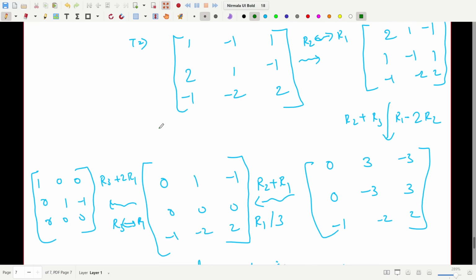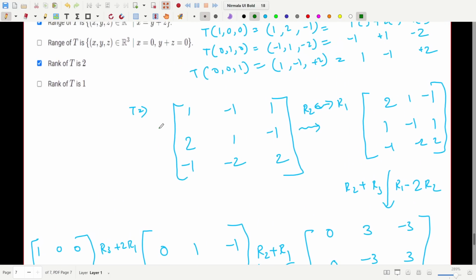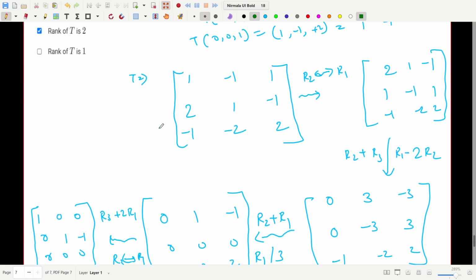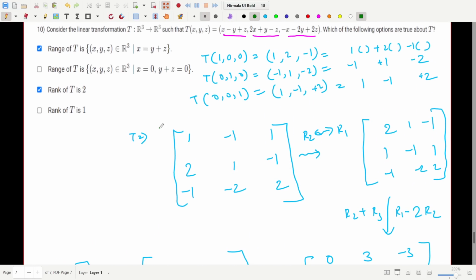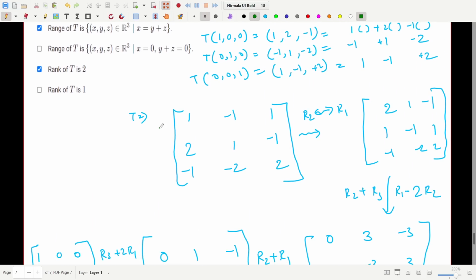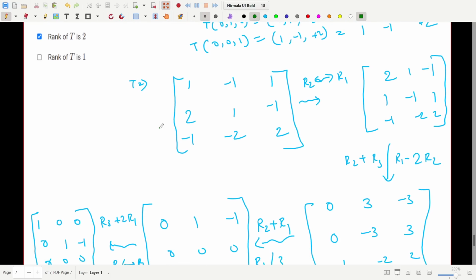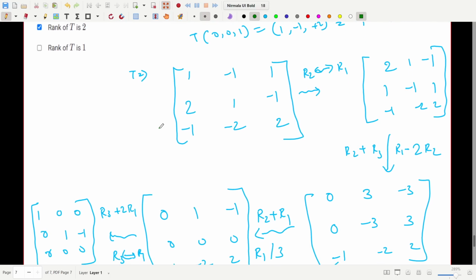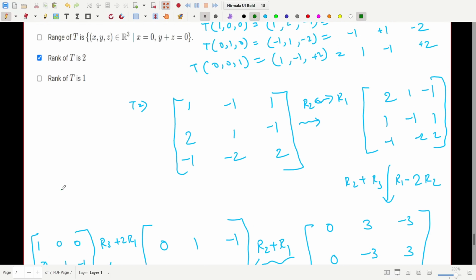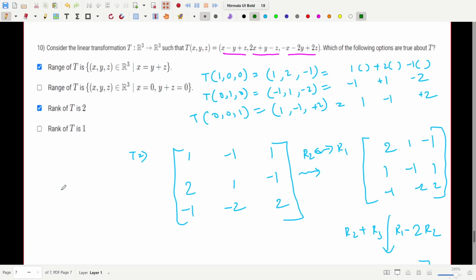Then let's see what the options are asking. Rank of T is 2 or 1. Rank of T is 2 because there are 2 pivot entries, and range of T. Range of T will be spanned by the independent vectors which have the pivot entries. So the first two columns have the pivot entries. So the first two vectors will span the range of T. The first two vectors are (1, 2, minus 1) and (minus 1, 1, minus 2).